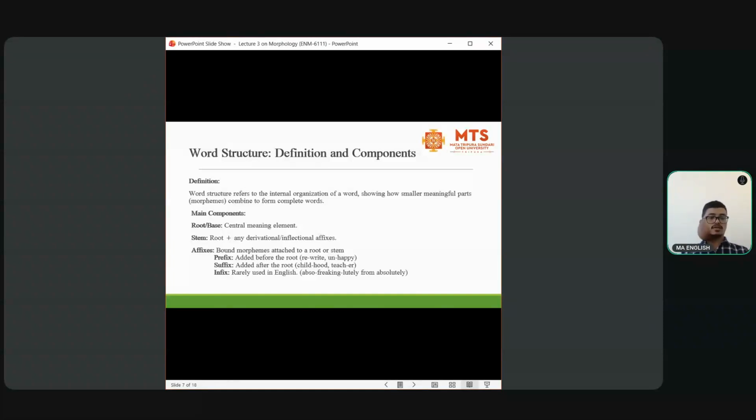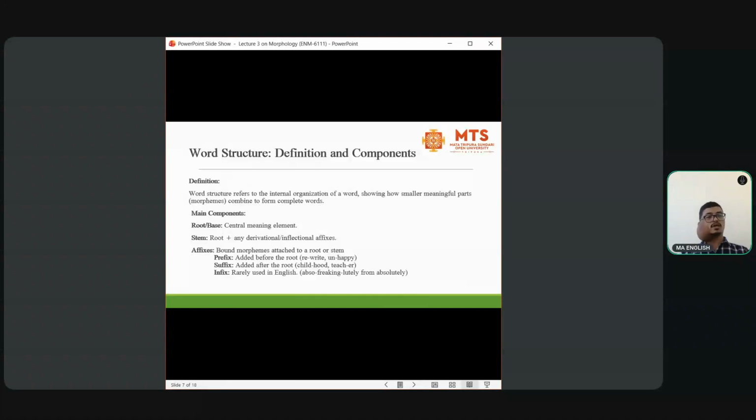As I already said, teach is the root, and when you add -er, that is an affix, it creates a noun from a verb, right? Teach is a verb, teacher is a noun.